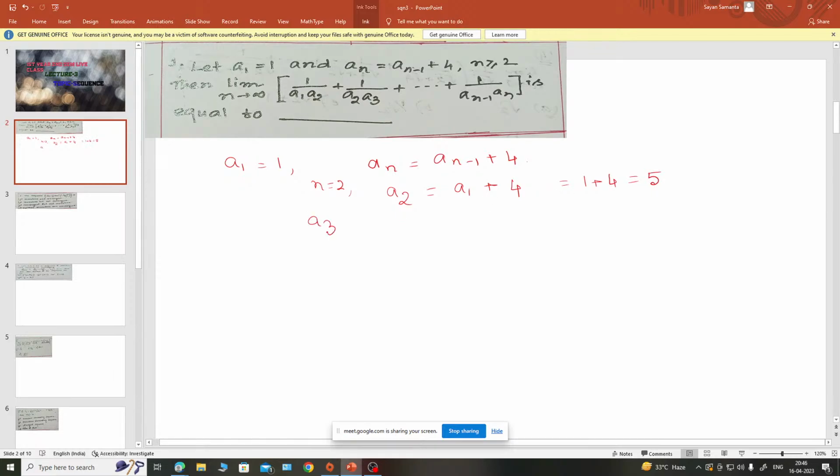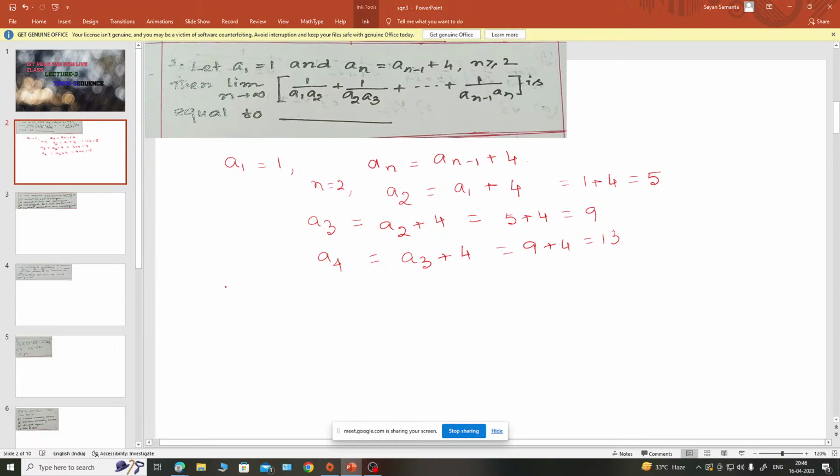Next find a3. So a3 is equal to a2 plus 4. That means a2 here is 5, so 5 plus 4 is equal to 9. If we find a4, it is equal to a3 plus 4, which is 9 plus 4 is equal to 13, and so on. Now we put in the given sequence.